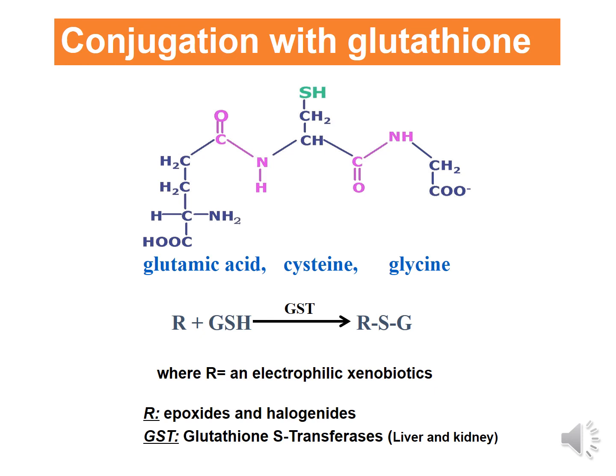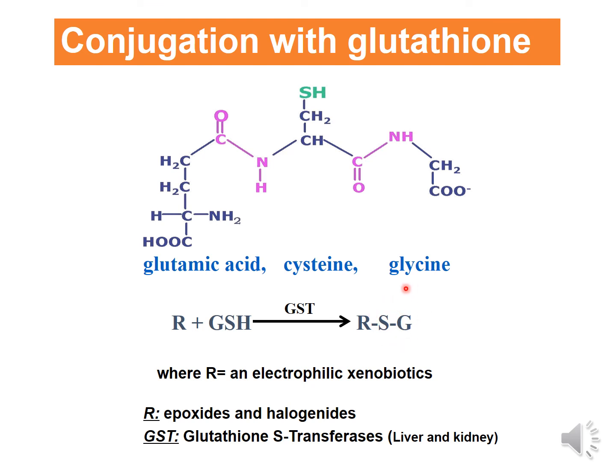Conjugation with glutathione occurs in liver and kidney, and substrates for conjugation with glutathione are epoxides and halides. The enzyme catalyzing the reaction is glutathione transferase. So what is glutathione? Glutathione is a peptide containing 3 amino acids: glutamic acid, cysteine, and glycine.